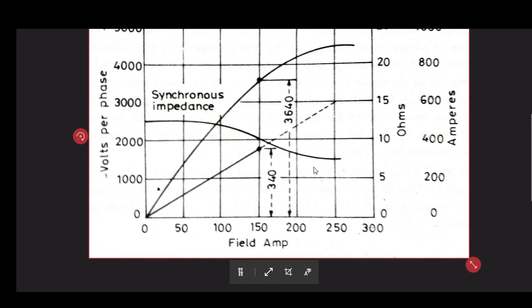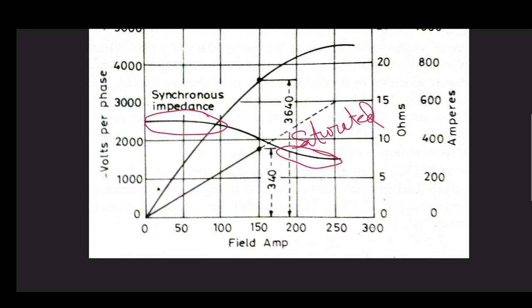On the contrary, the MMF method considers the saturation region of OCC, and that is why it gives a very small value of regulation. The same is true for synchronous impedance. We can have two different values of synchronous impedance: this one is saturated and this one is unsaturated.